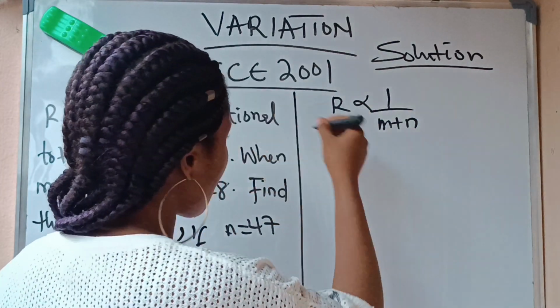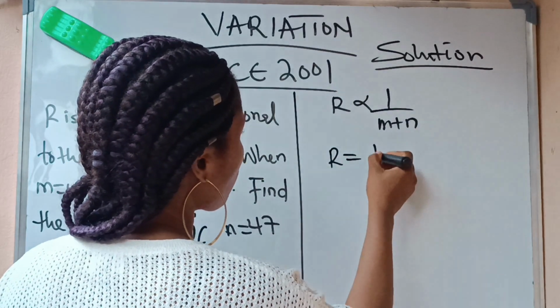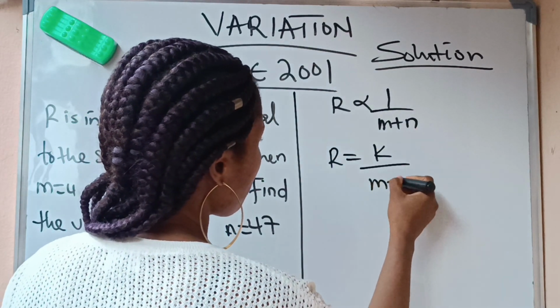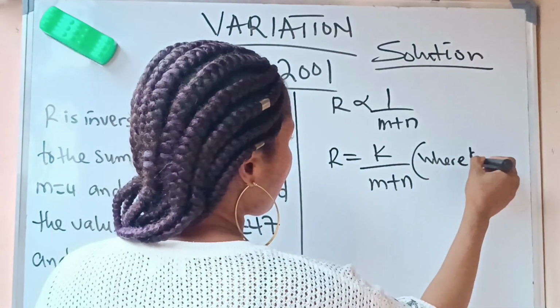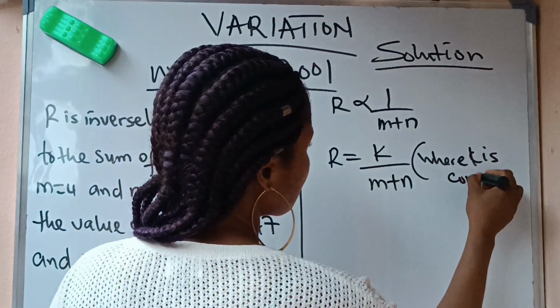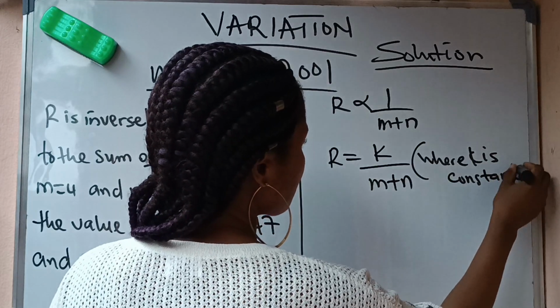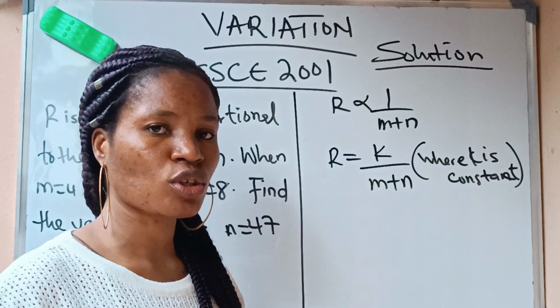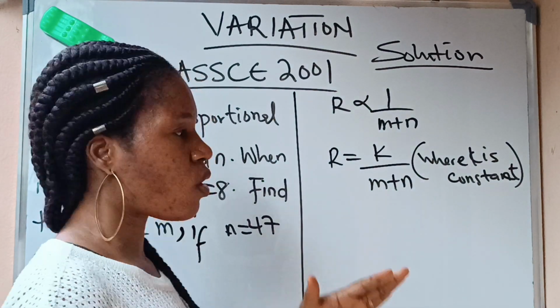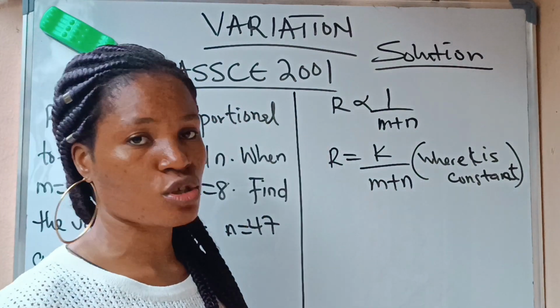Then R is equal to k all over m plus n, where k is a constant. This is the second thing you should do once you have a variation problem to solve.